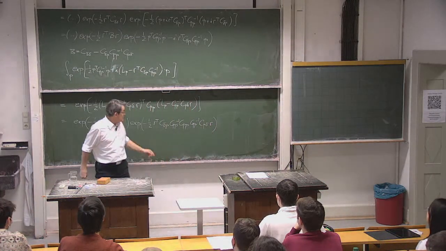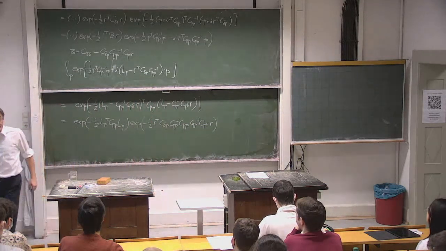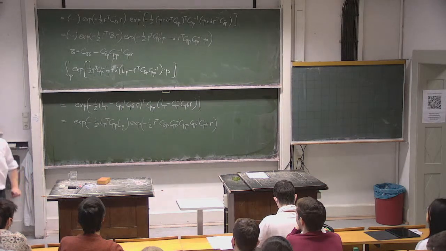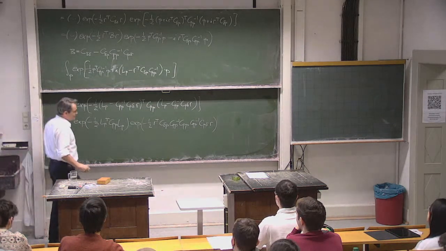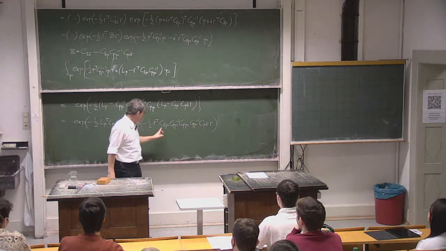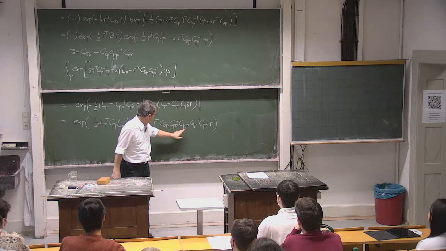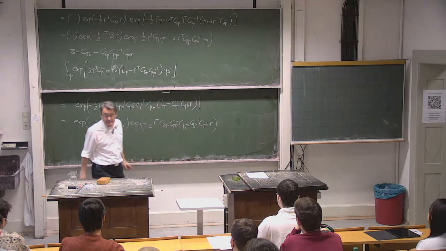Well, look how lovely this is. Any pair of these annihilate each other. So what remains as the matrix in between the R transpose and the R is C delta P times CPP to the -1 times CP delta.